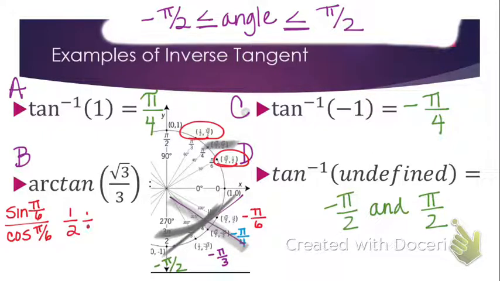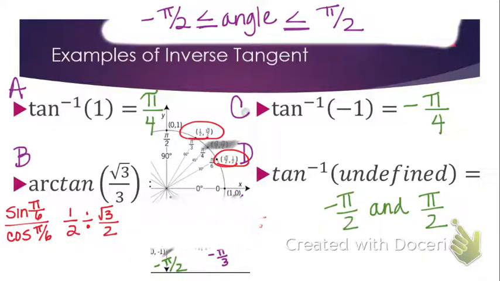And if I divide that by the cosine, that would be the square root of 3/2. We do keep, change, flip.